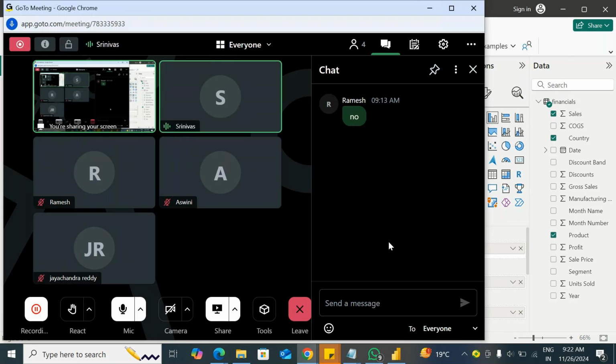Ashwini, Ramesh, Jai Chandra Reddy. If you don't have a question, mention no in chat. If you have any question, you can unmute and ask, or you can give me a message there. This is very important to understand, the difference between a stacked and a clustered bar.